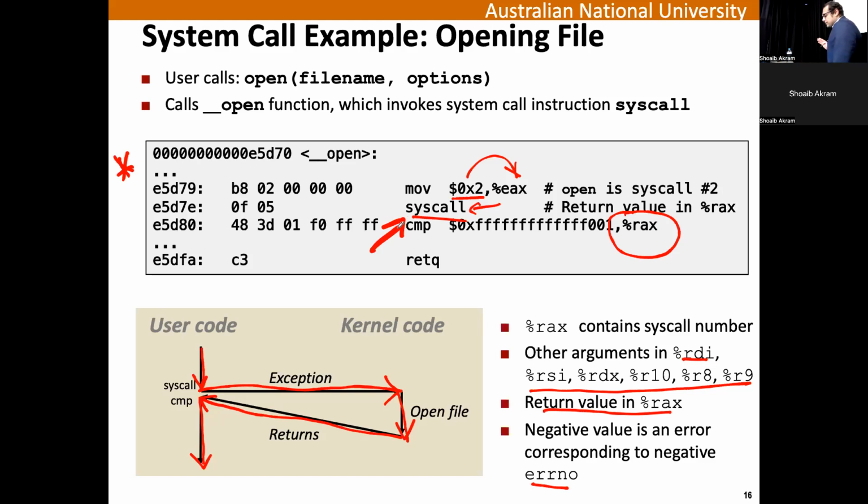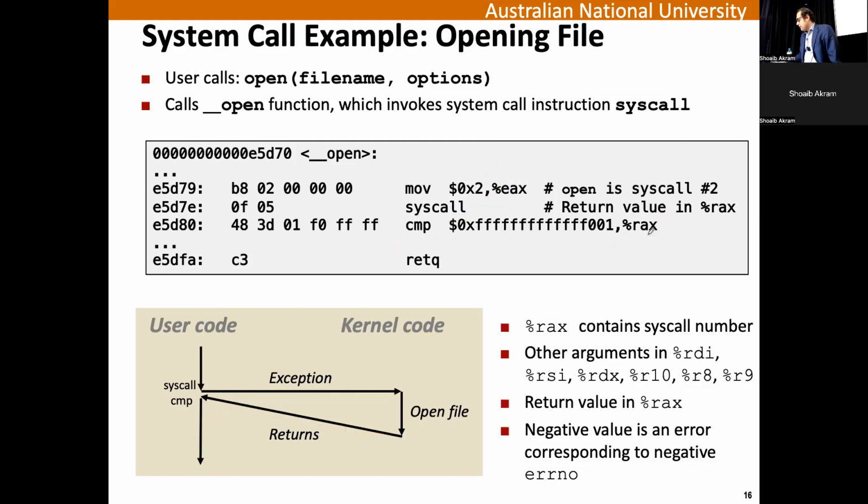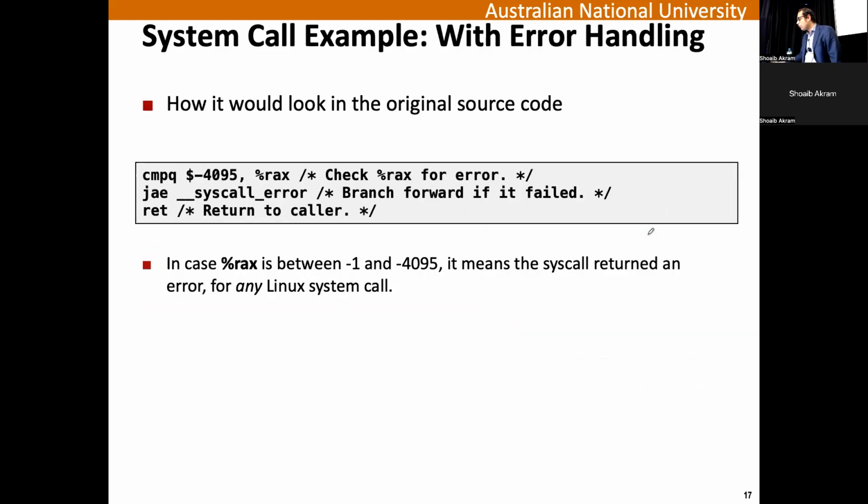But system calls are really easy to make. You need to know which system call you want to make. You get the number, you copy it in EAX and make the system call, and what you get in return is something in RAX. And they look like exceptions. So here you are comparing, and you have to handle the error.